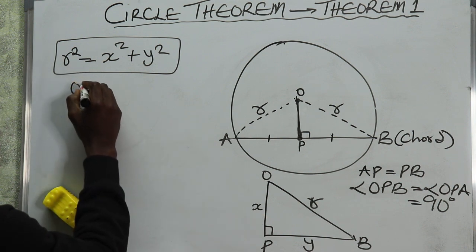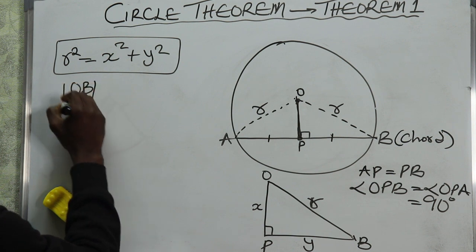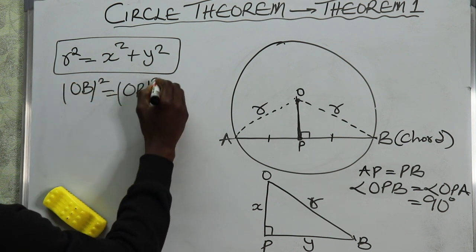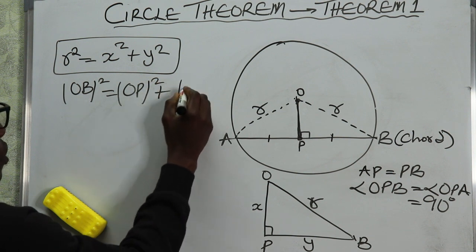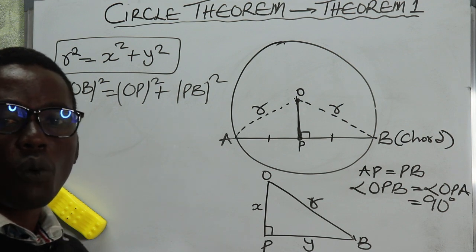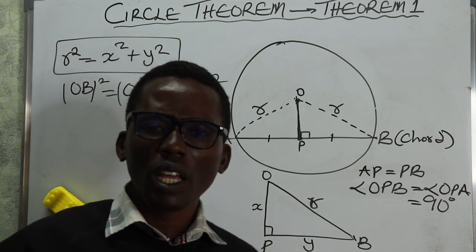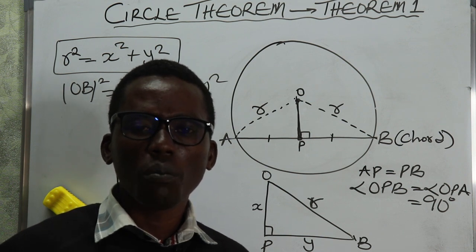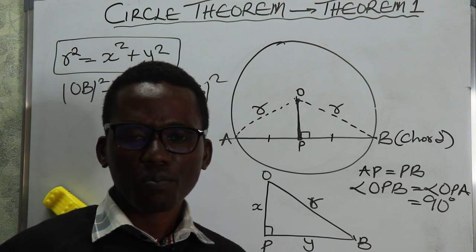Or we can say OB squared is equal to OP squared plus PB squared. That is exactly what you use whenever you are given a question related to the first circle theorem.